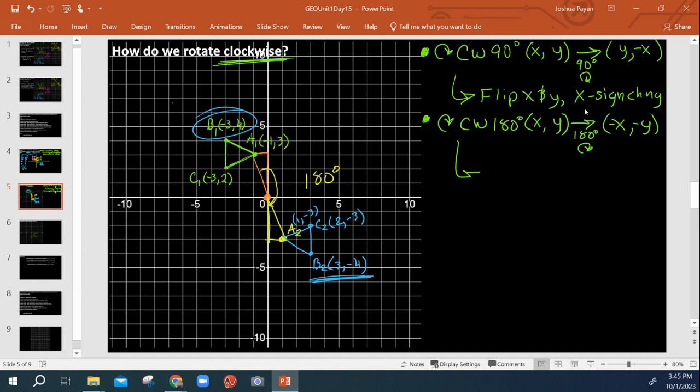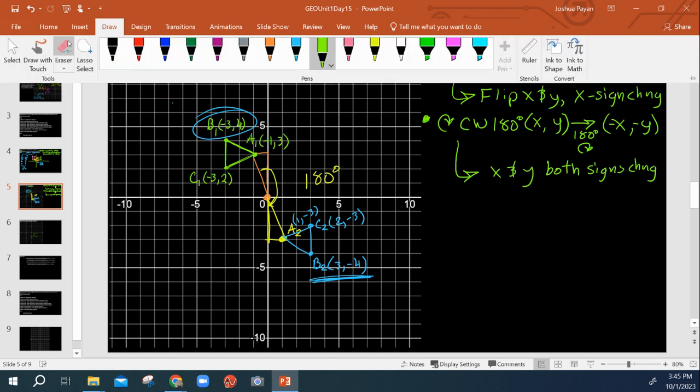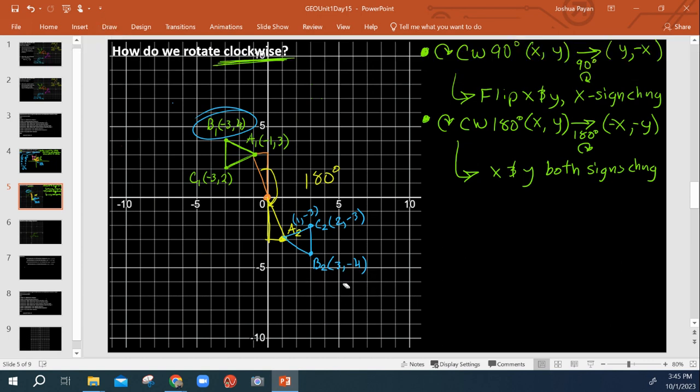So all I'm really going to have to say is that X and Y both change signs. That's it. No flip. Then that brings us into 270 degrees, and actually, I'm probably not even going to do that in this video.